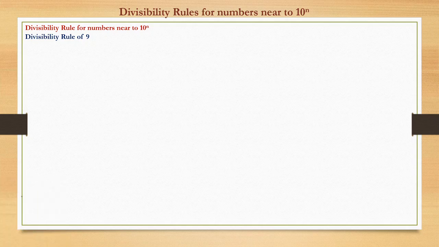Now we will check the divisibility rules for numbers which are near to 10 raised to power n. So near to 10 are 9 and 11, near to 100 are 99 and 101. Such cases we will see. Though for the case of 9 we have already seen, I will illustrate it again.